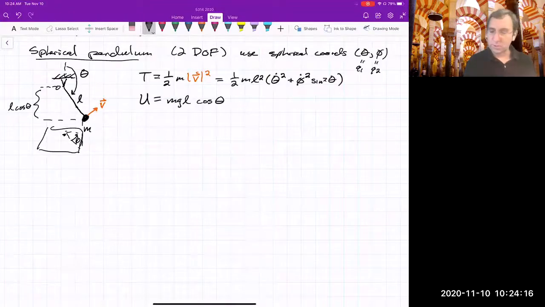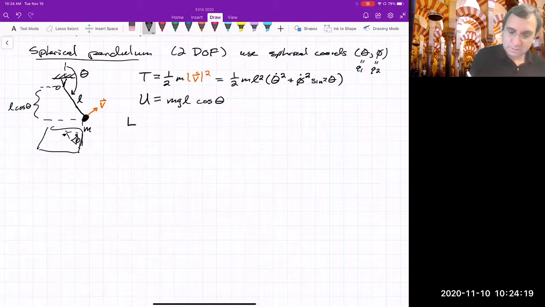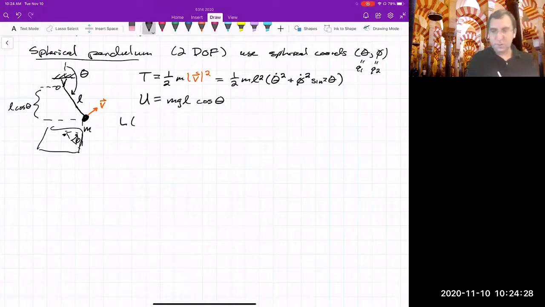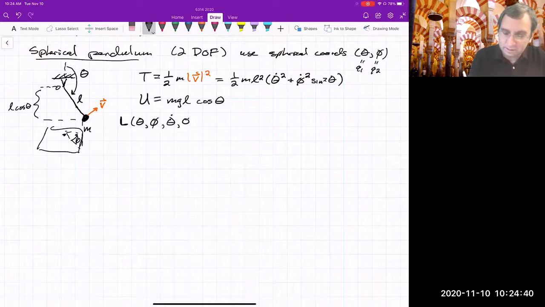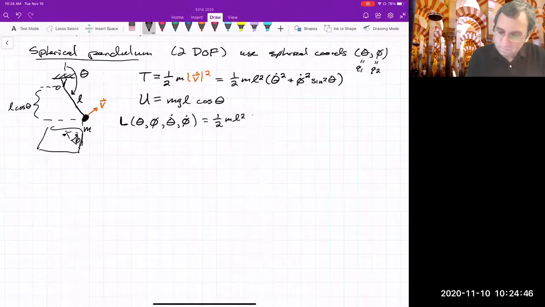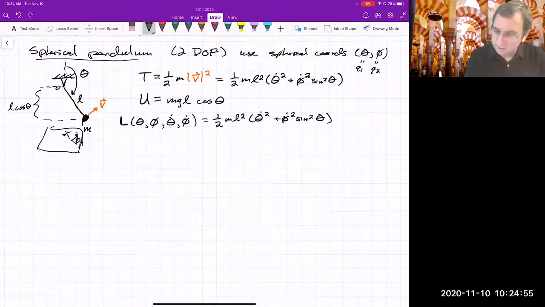All right. So if we were to write the Lagrangian, it's going to be kinetic minus potential. For this procedure, it's important to write out all of the dependencies. The Lagrangian should be a function of theta and phi, and also theta dot and phi dot. If we write it out, what do we see? Minus mgL cosine theta.